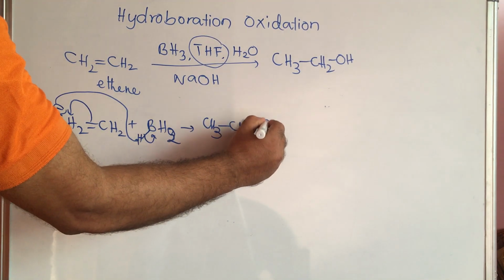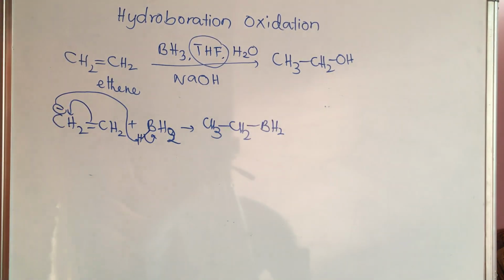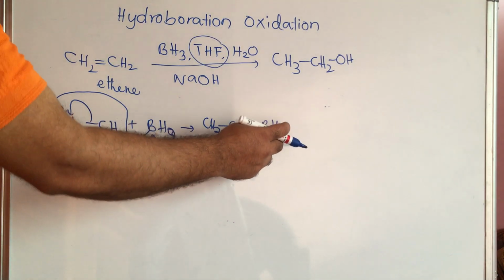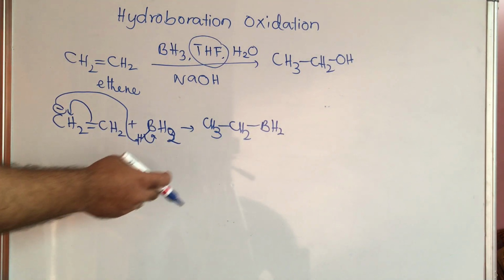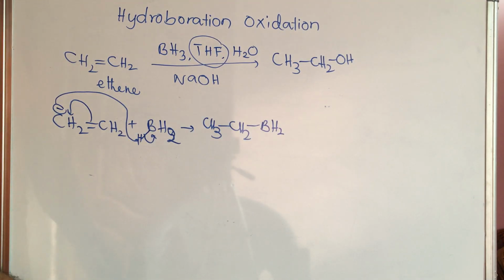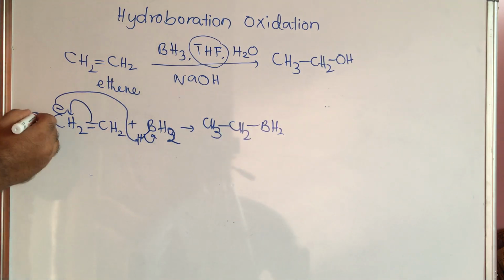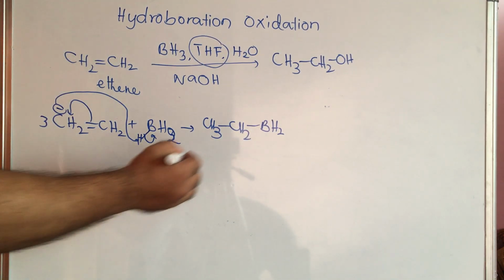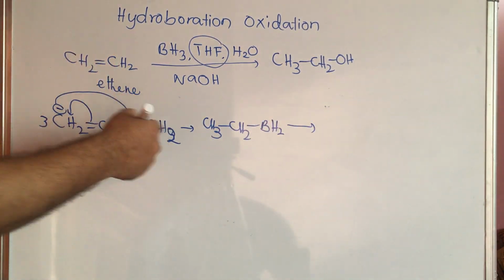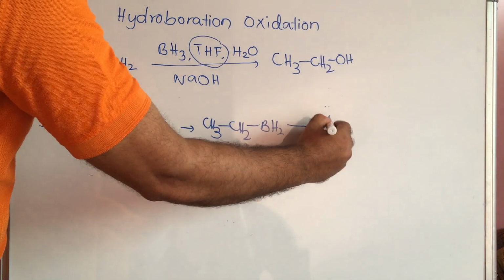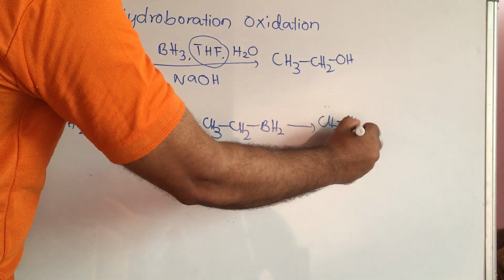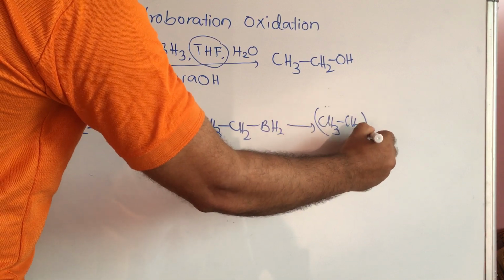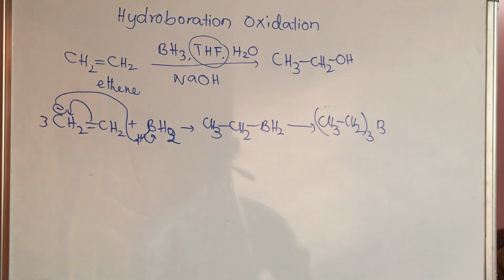This also forms like this, BH2. So how many hydrogens are there? That many hydrogens should all be shifted to this ethene form. Then it will take 3 moles. Then this step will repeat and form CH3CH2 taken 3 times on boron.